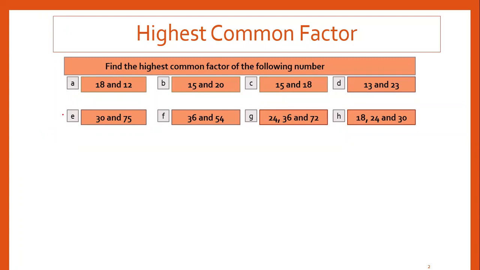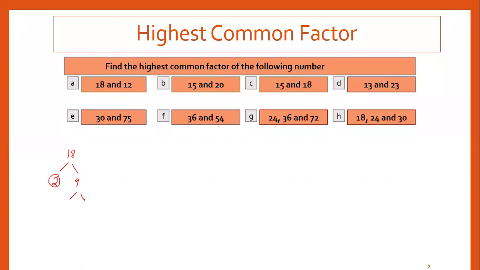What do I mean by the factorization tree? The factorization tree is a method that we use to get each number as a product of its prime factors. So let's see. If I want to find the prime factors of 18, I need to find first any two factors of 18. We know that 18 is equal to 2 times 9. 2 is prime, so let's put that in a circle.